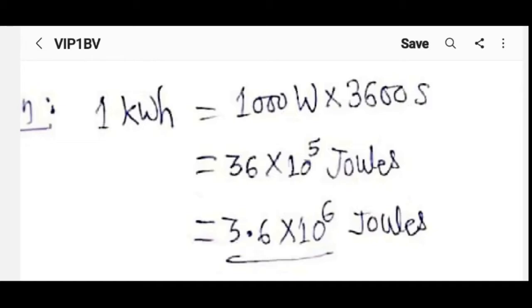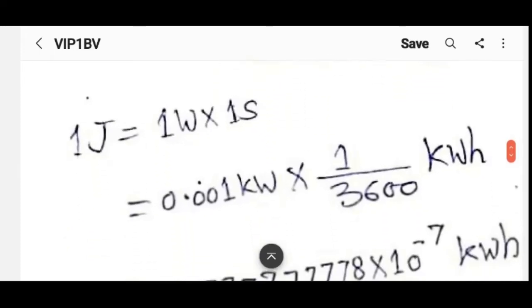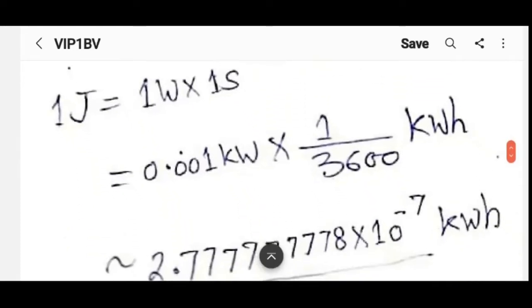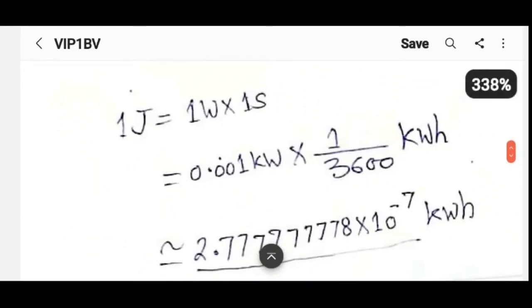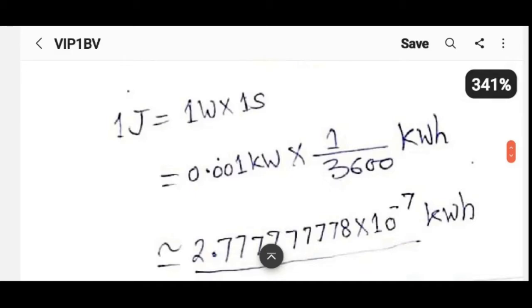You can do the other way around also. 1 joule will be 1 divided by 3.6 into 10 to the power 6 kilowatt hour, which I have done here. It turns out to be approximately 2.7777 and so on into 10 to the power minus 7 kilowatt hour.